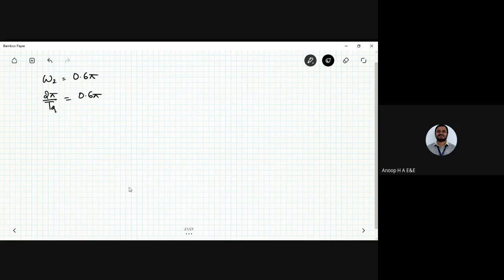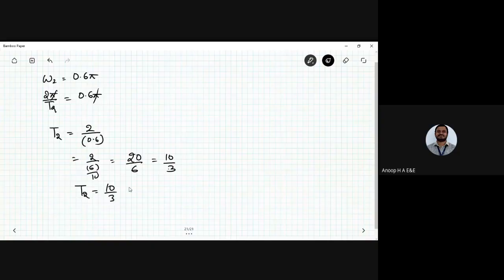You are going to find out the value of t2. T2 would be 2 divided by 0.6, which is 2 divided by 6 by 10, so 20 by 6, which would be 10 by 3.